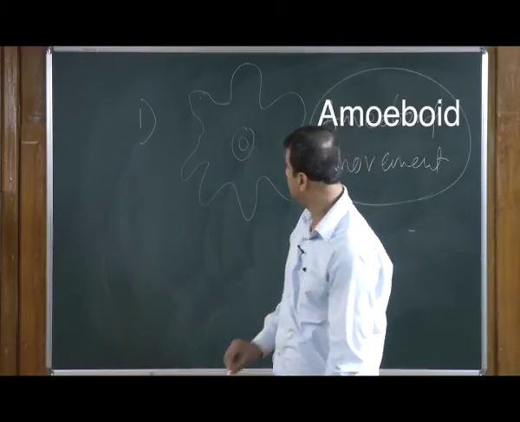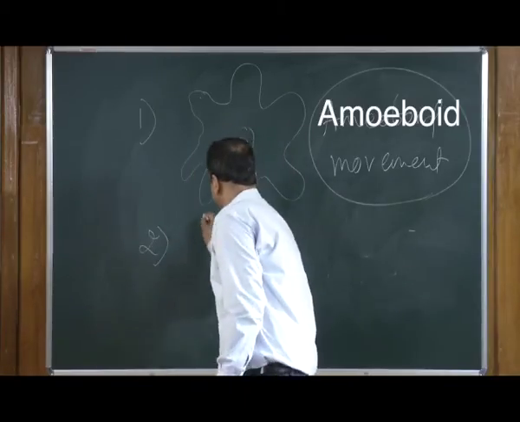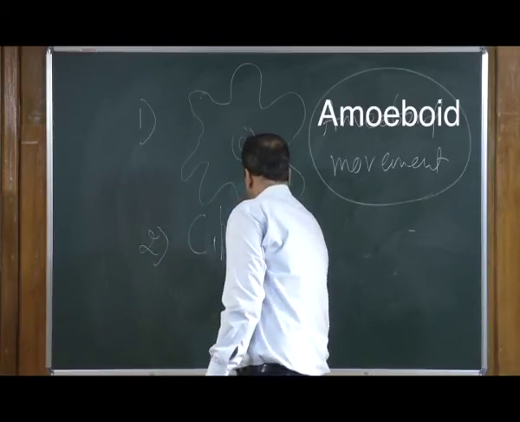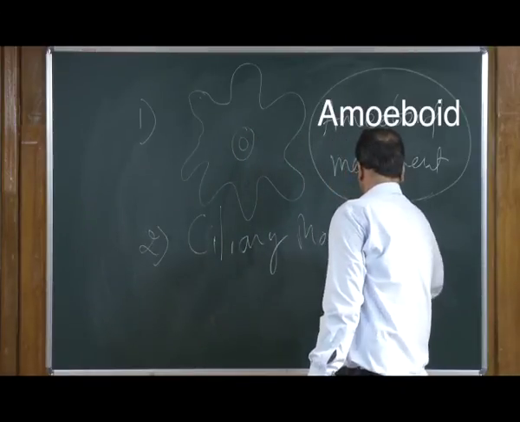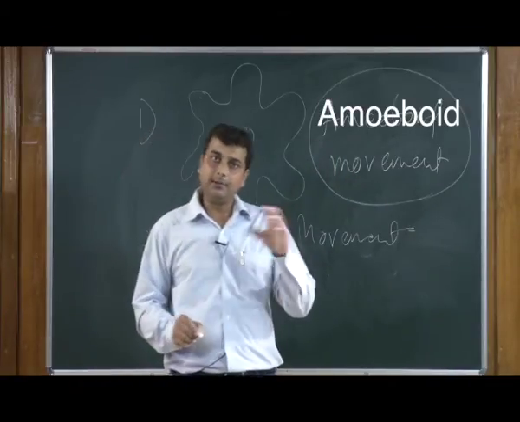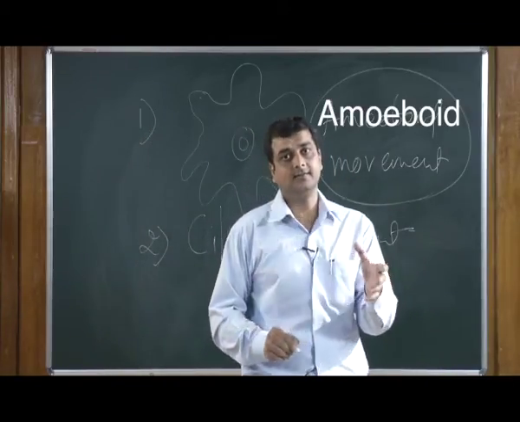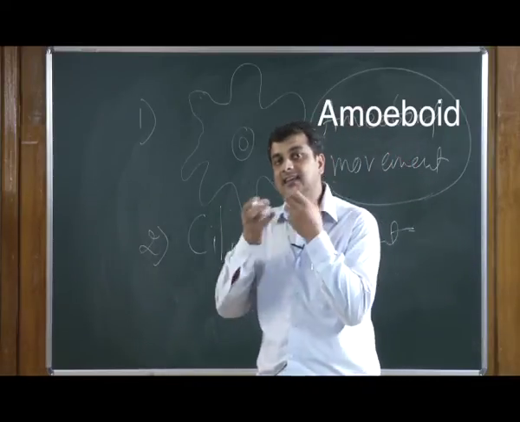The second is what you call ciliary movement. Now, the ciliary movement is available in those areas in our human body where you have a passage, the ciliated epithelium.